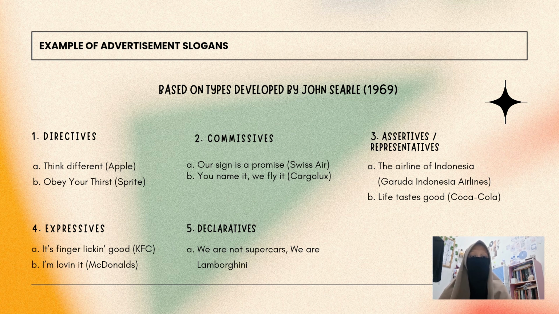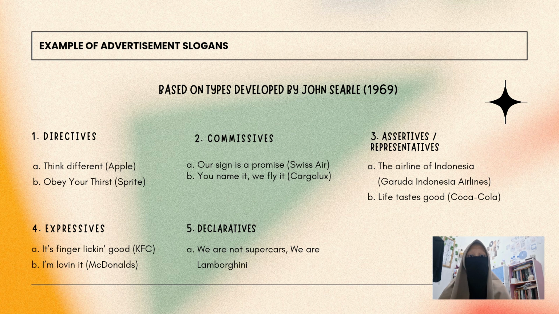And the next example of commissive is from Cargolux, which is "You name it, we fly it." Here, the customer can freely name the item to be transported by airplane, then the company will follow the customer's wishes.